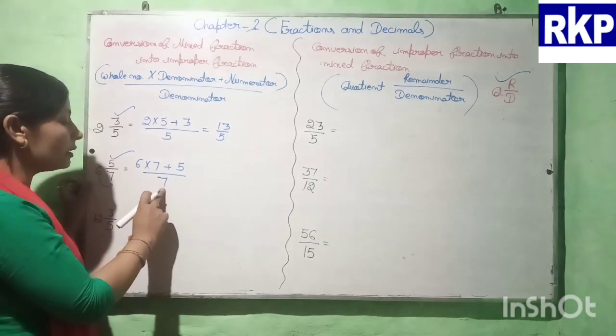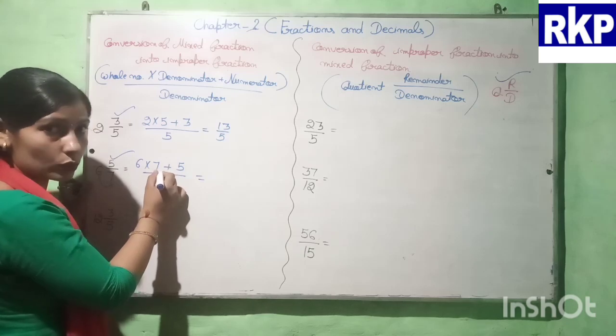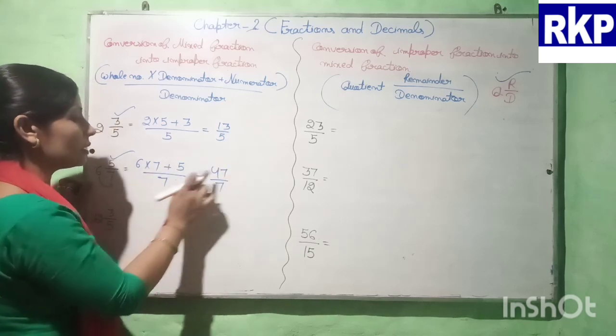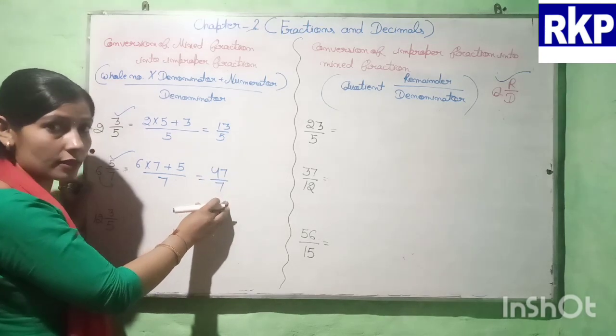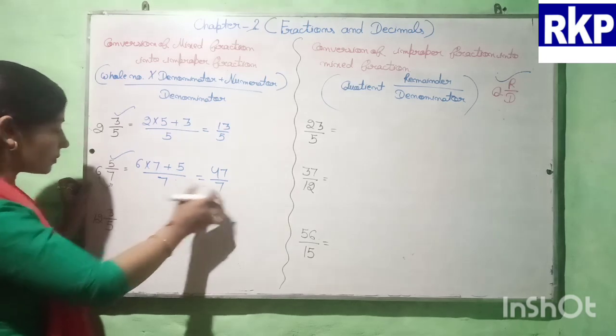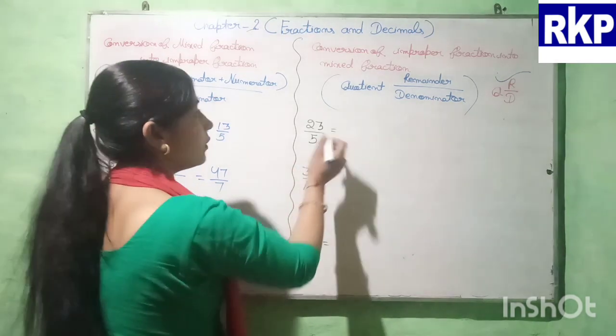We have to write here 7 as it is. Now 6 7s are 42, 42 and 5 is 47. So 47/7 will be the answer. 47/7 is an improper fraction, and this you have to solve yourself. Now let us see next.